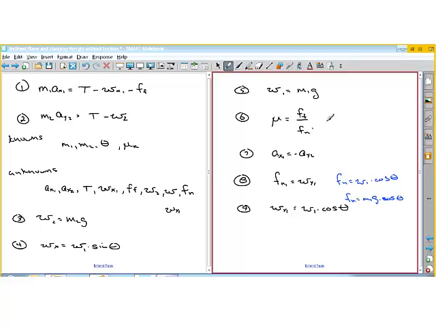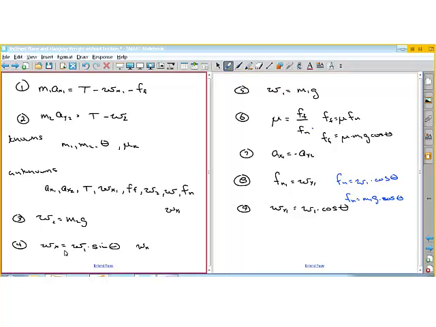Actually, what I'm going to do is solve for the friction force. It's equal to mu times the normal force. But the normal force is equal to M1G cosine of theta. Okay, I'm going to plug that one in there. W1 goes there, so I can say W sub x1 is W1, but that's M1G sine of theta.